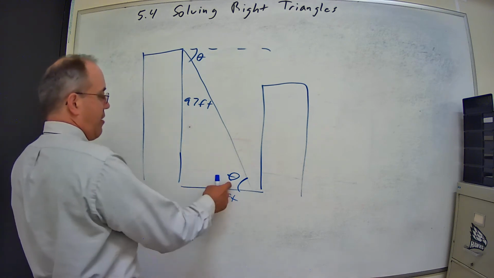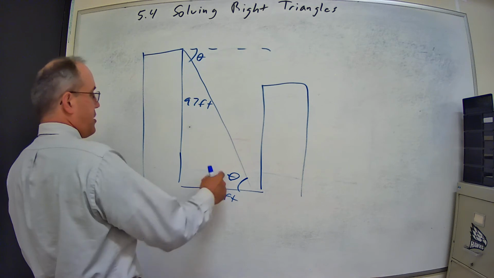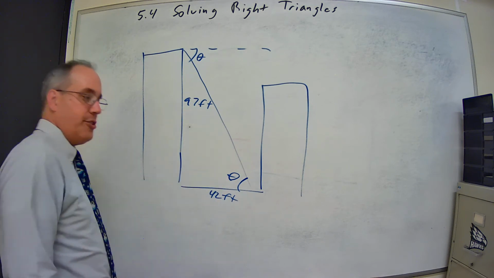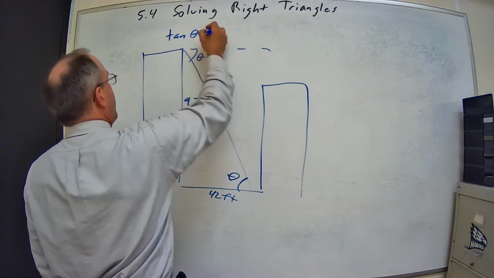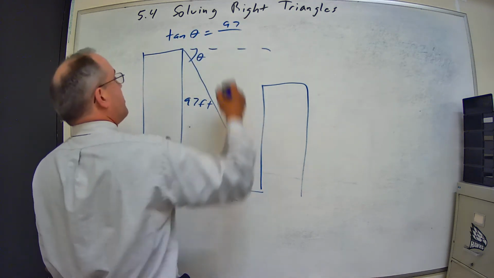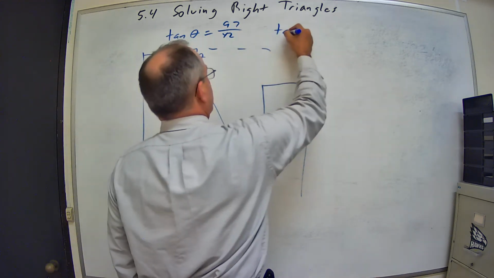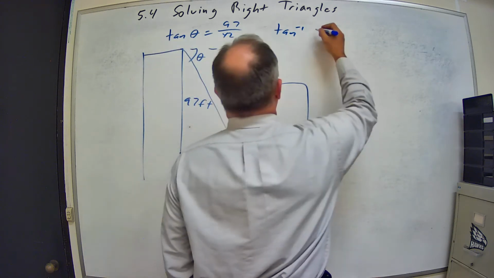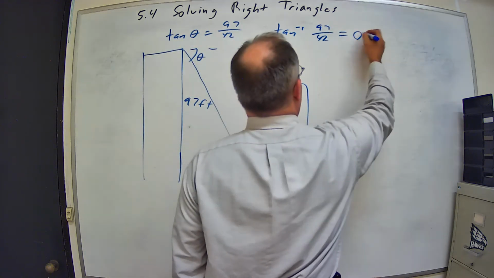But again, we have theta, we're looking for theta, we have the side opposite and the side adjacent, so we're going to use tangent, so we could say that tangent theta is equal to opposite 97 divided by adjacent 42, which means that the inverse tangent of 97 over 42 is equal to theta.